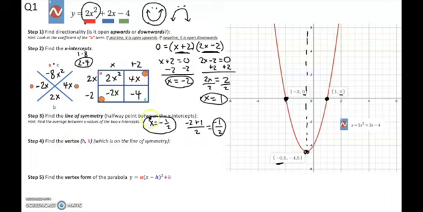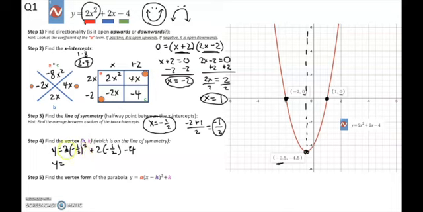To do that, we're going to plug our x value of negative 1/2 into our original equation to find out what our y value is. So y will equal 2 times negative 1/2 squared plus 2 times negative 1/2 minus 4. So negative 1/2 squared is positive 1/4.